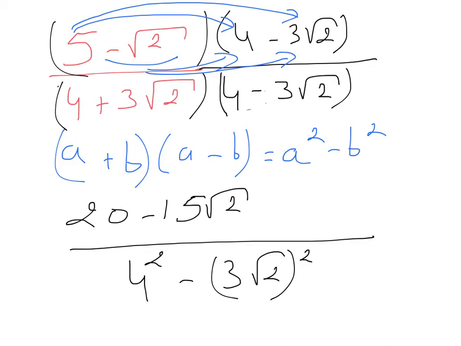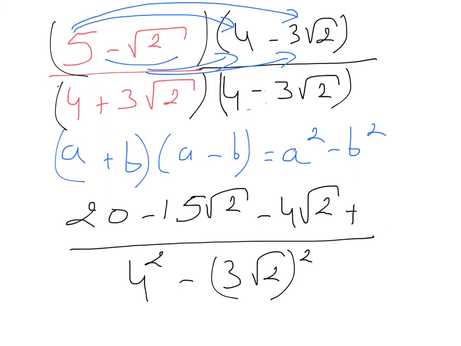All right, so let's go to negative square root of 2 times 4. That's going to be minus. Again, negative times positive will be negative. So that's going to be negative 4 square root of 2. All right, and then we have negative square root of 2 times negative 3 square root of 2. And so negative times negative is positive. And square root of 2 times itself will be 2.